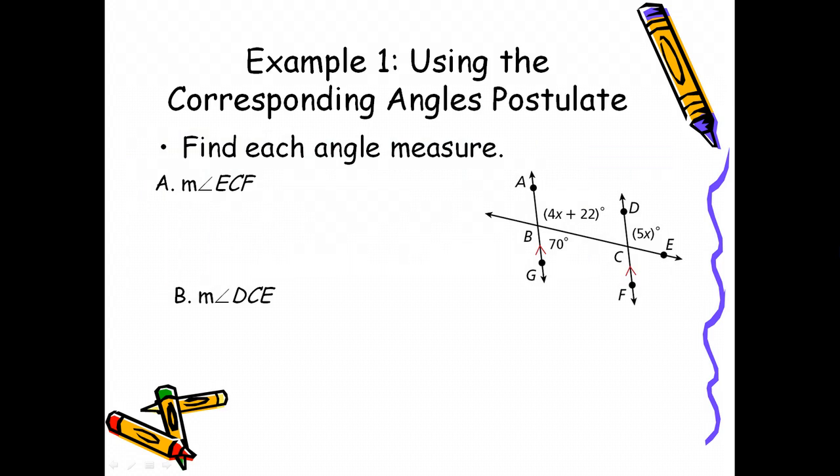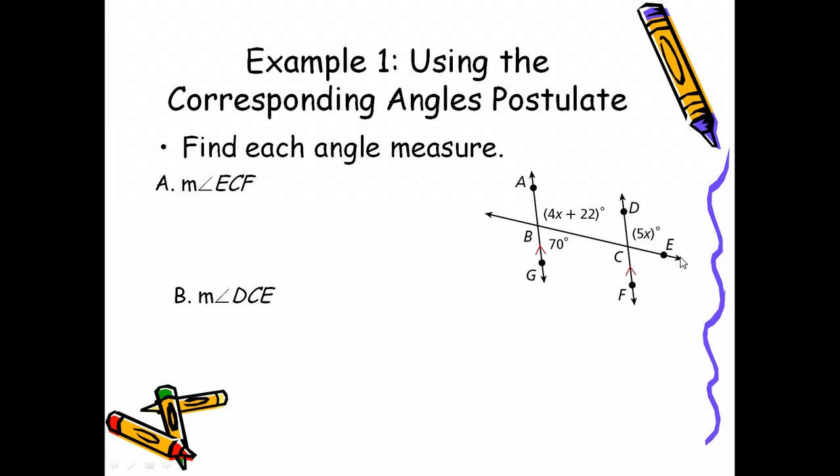Let's look at an example, and we are told to find each angle measure. And we have this diagram over here where we have GBC, which is 70 degrees. The corresponding angle would be over here, ECF, and we're supposed to find this one.